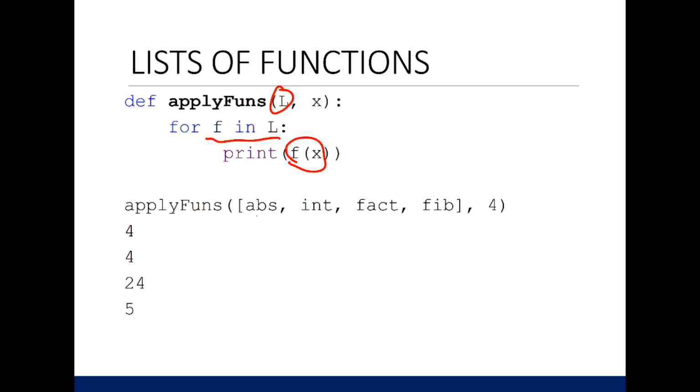And so if I do that now with, again, abs, int, fact, and fib on 4, it prints out the absolute value of 4, the integer portion of 4, factorial of 4, and the Fibonacci of 4, treating the functions as if they were themselves first-class objects, and simply giving it a list of functions in this case, a perfectly reasonable thing to do.